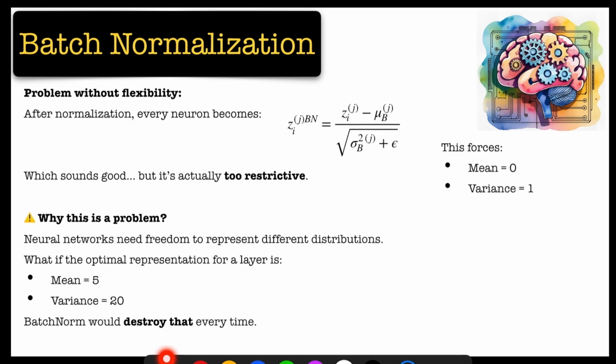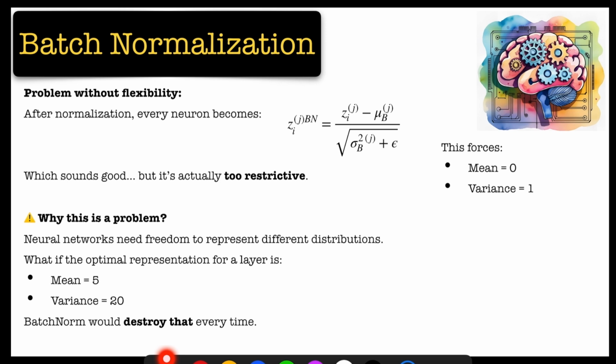Now, still we have one minor problem. What we did in batch normalization so far is, whatever the layer's output we are having, we are standardizing this. That means we are forcing the mean to be 0 and the variance to be 1. What if for some data, we want a different distribution? We don't want a randomly changing distribution, because then every time the hidden layers will have to adapt to the new distribution.